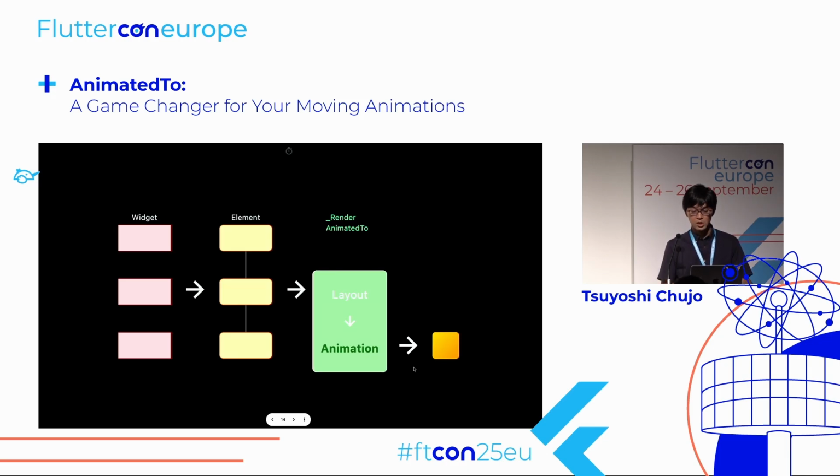And as you saw in the previous slide, it's very smooth. It is because the animation is happening without rebuilding. All the animation is done in the paint phase in the render object. So the animation is always smooth, even if it is running on the web platform.